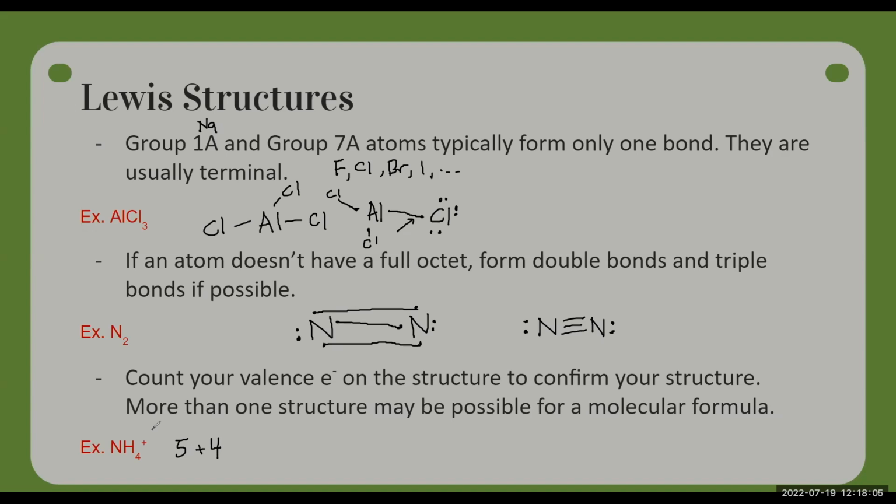But remember that we have a plus charge up here, so we can actually subtract 1 valence electron. So our final molecule should only have a total of 8 valence electrons.